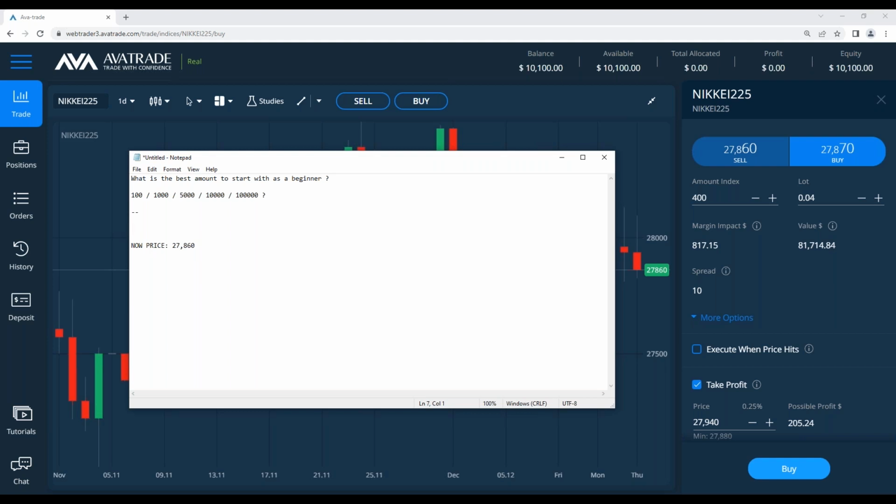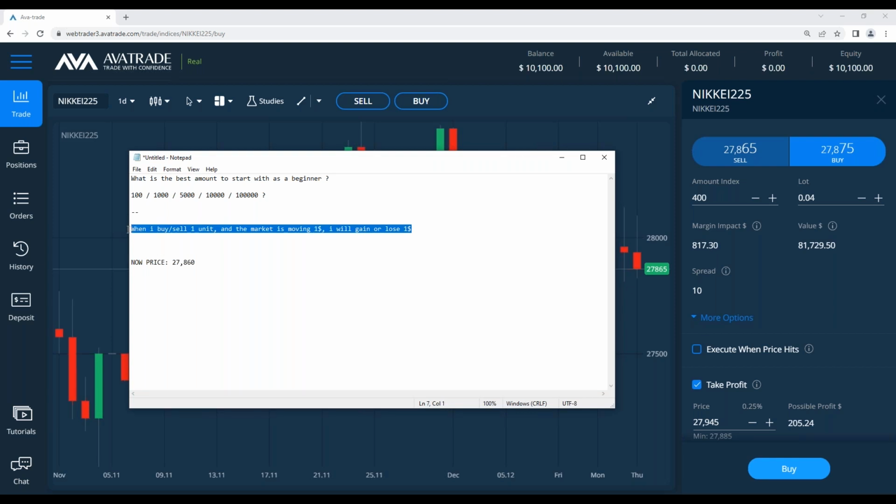Now, here is a rule that will help you indicate a bit better how to use analysis, in general, how to do the calculations. When I buy or sell 1 unit and the market is moving $1, I will gain or lose $1.